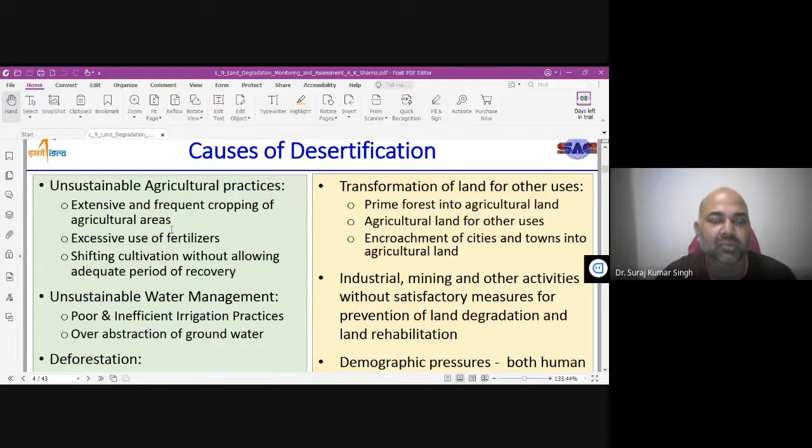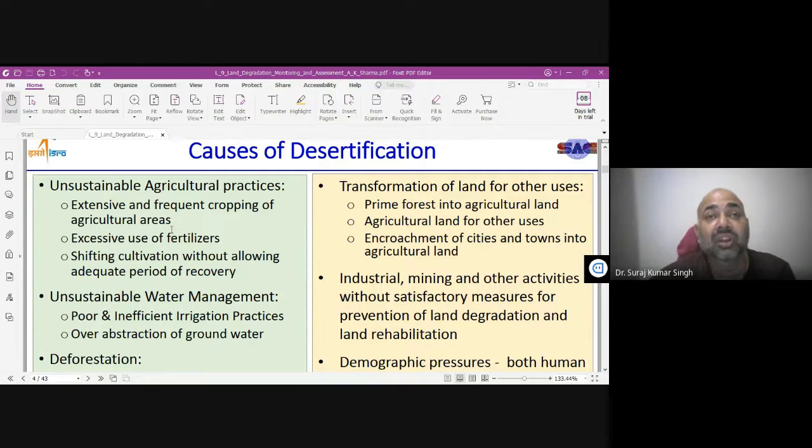But we human beings, because of our human greed, are going on cultivation without seeing that we are making this land, which is productive, into unproductive land, because of the excessive use of fertilizers.